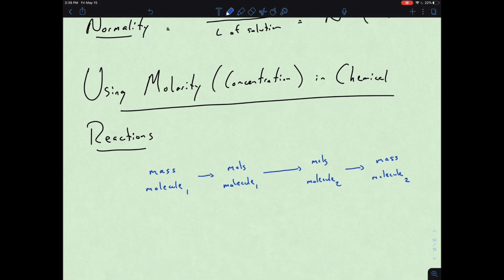And we talked about that idea of like limiting reagent, theoretical yield, percent yield, et cetera, et cetera. And so this is that mole-to-mole superhighway.